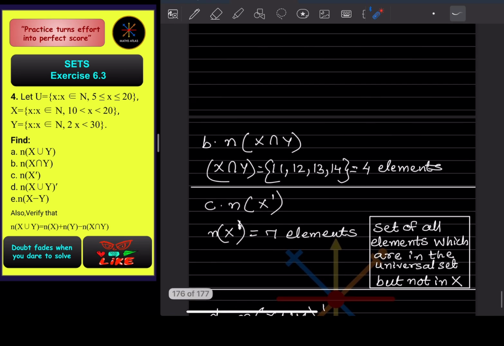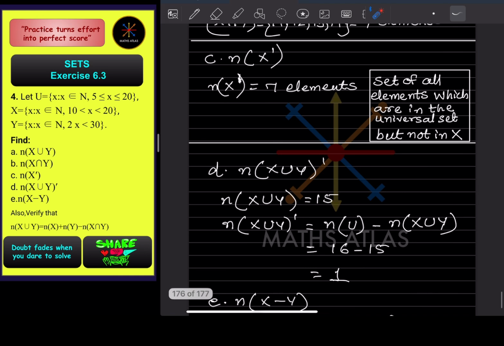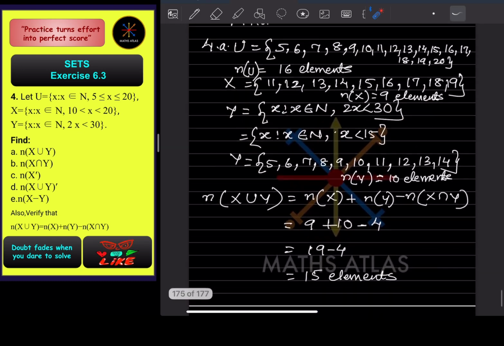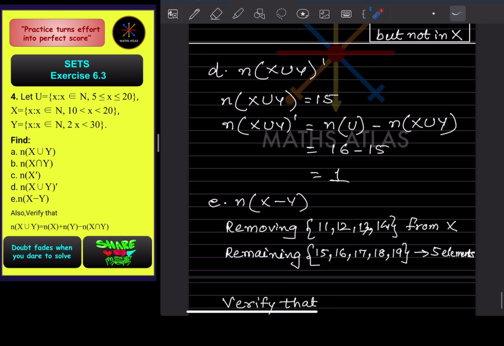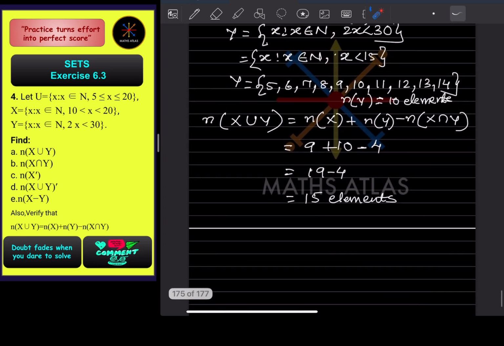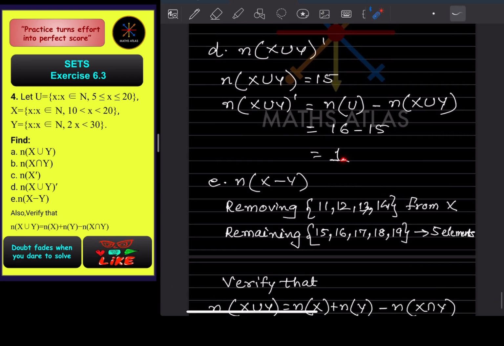X union y we already found out here, which is 15 elements, and now we want the complement of it, so that will be n of u minus n of x union y. You know n of u we already did here, which is 16, so that will be 16 minus n of x union y. X union y we already got as 15, so 16 minus 15, which is going to be 1.